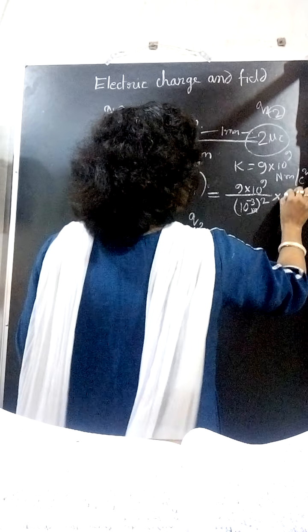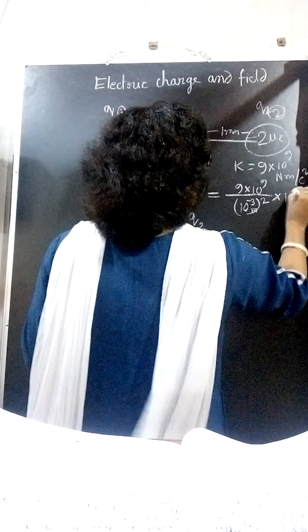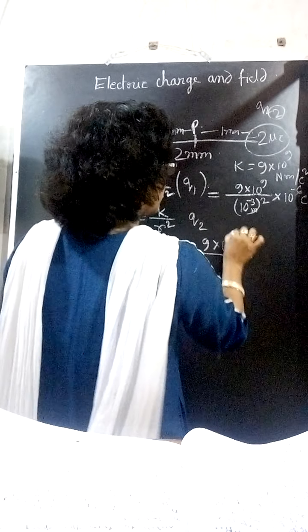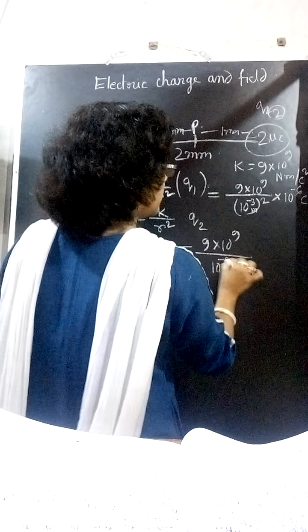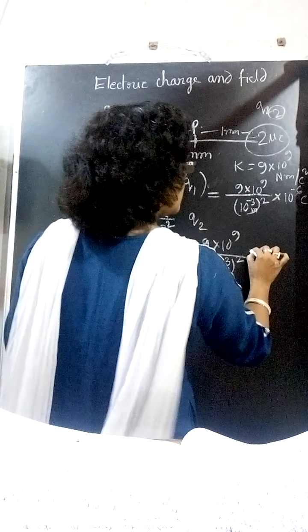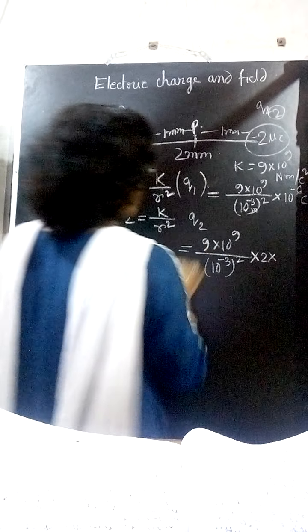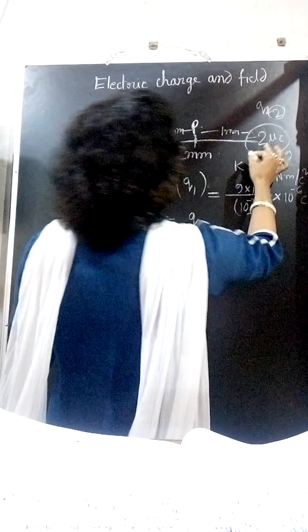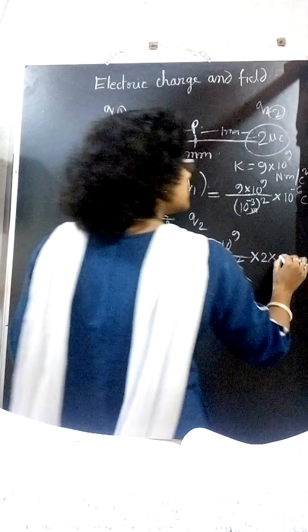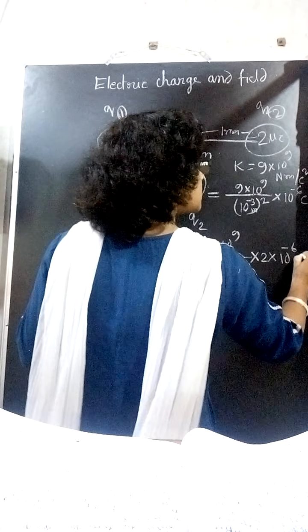So E1 is 9 into 10 to the power 9 divided by (10 to the power minus 3) square into Q1, which is 1 microcoulomb, that is 10 to the power minus 6 coulomb. E2 will be 9 into 10 to the power 9 divided by (10 to the power minus 3) square into 2 into 10 to the power minus 6 coulomb.